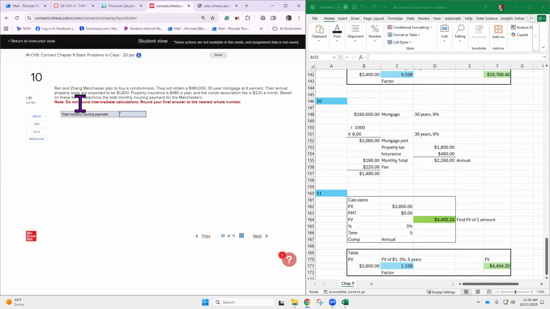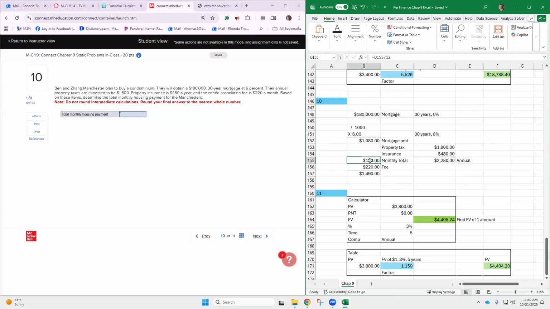Their annual property taxes are expected to be $1,800. I have those off to the side here. Property tax is $1,800. Property insurance, the premium for the year, is $480. When you combine those two amounts together, you get $2,280 annually.